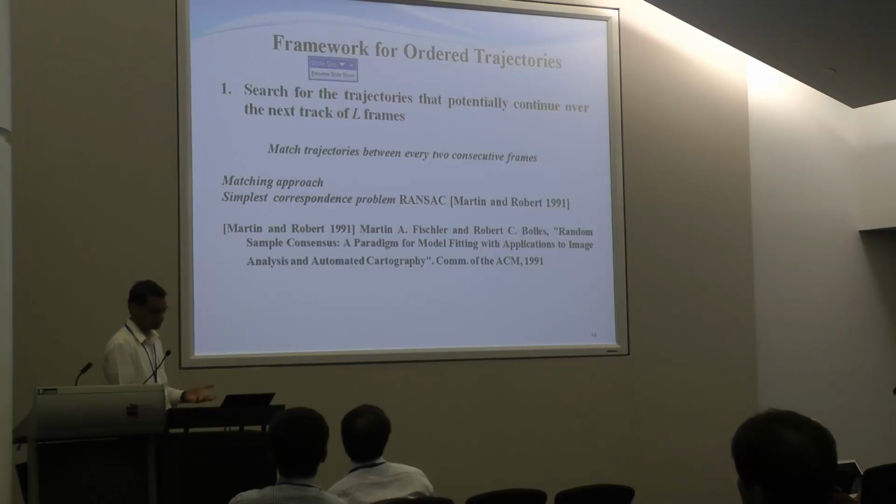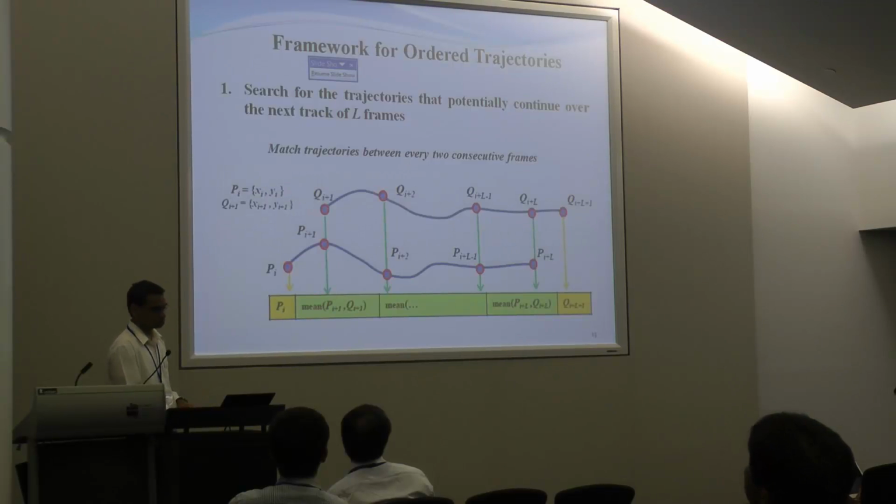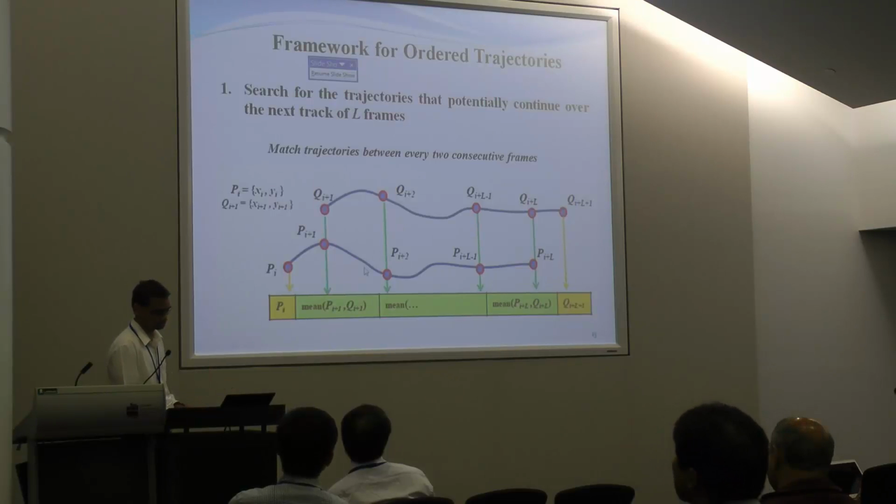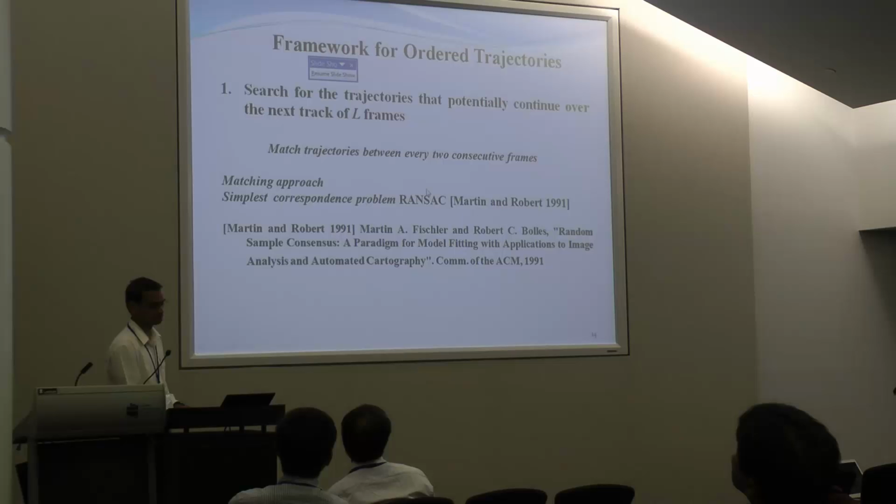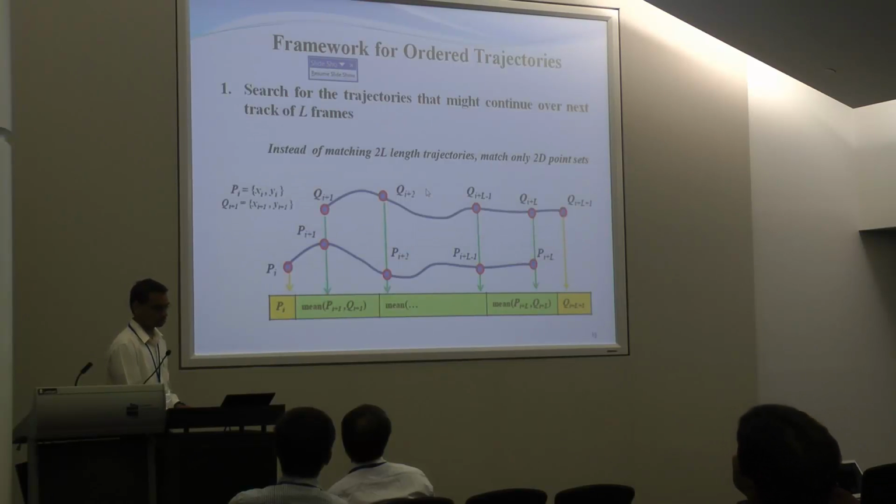A technique to match two trajectories between two successive frames is the brute force technique or the RANSAC technique. But we propose here a computationally simpler technique. Suppose we have this trajectory and want to compare it with this trajectory in the next frame.